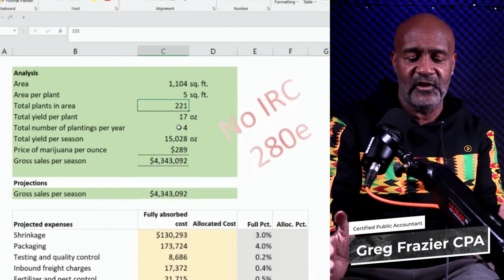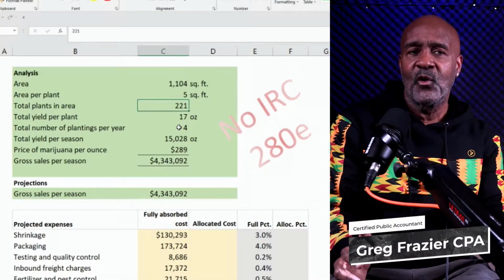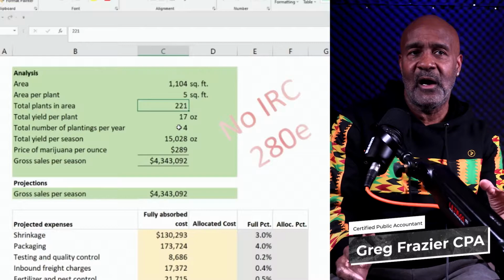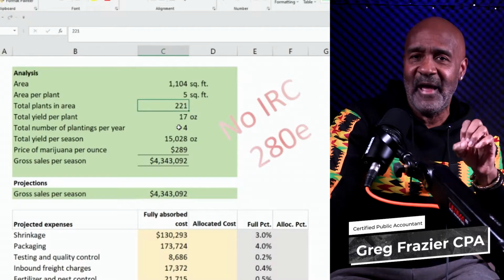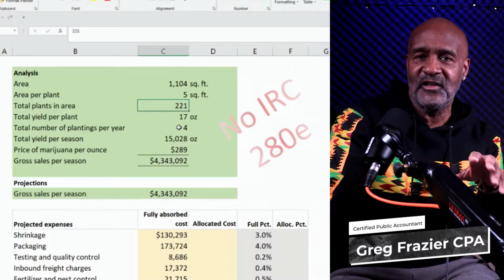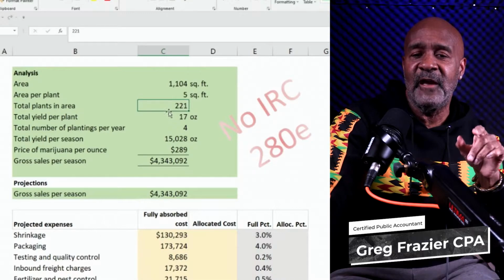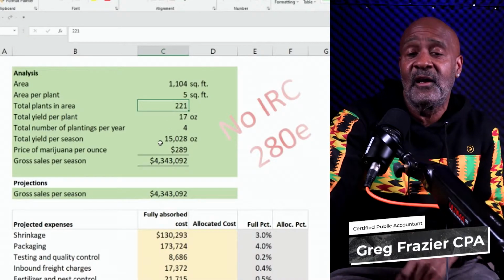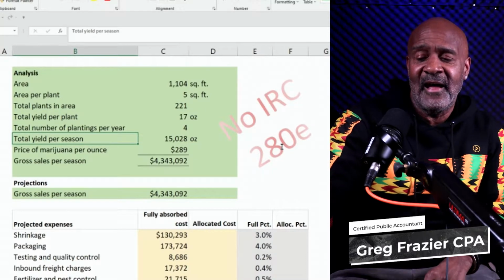From about May through August you harvest 17 ounces, then you can go back and harvest it again 2 weeks later, another 17 ounces. You can do that 4 times. If you have 221 plants and do that 4 times, the total yield per season is 15,028 ounces.